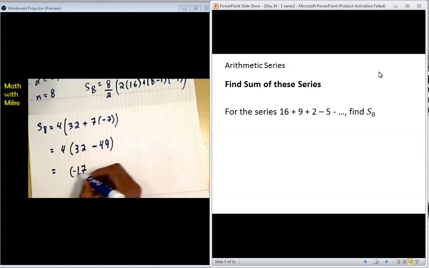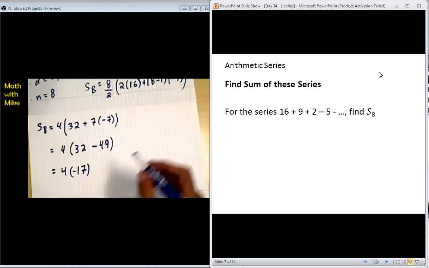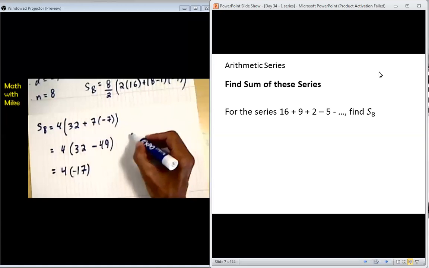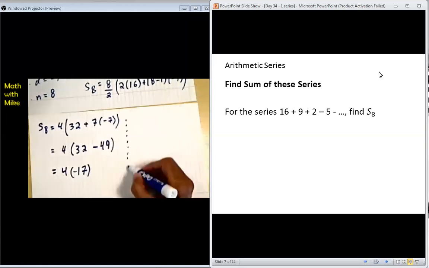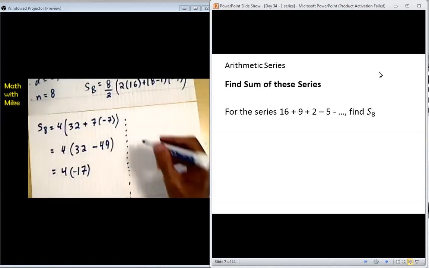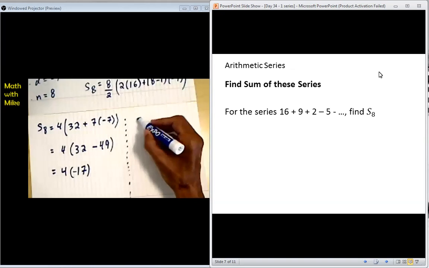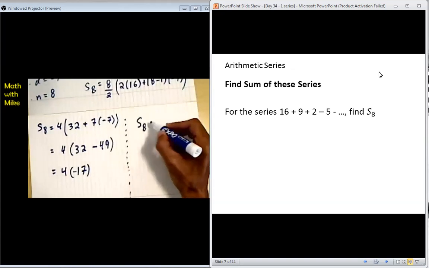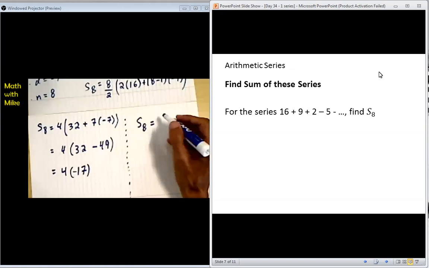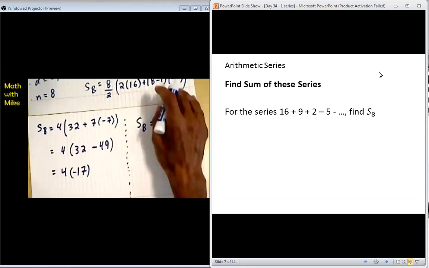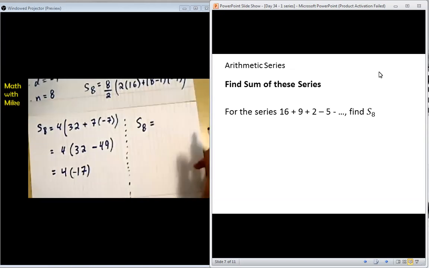Okay. You got that part, I think. 4 is still there, though. Whew. Yeah, exactly. 4 times 17. Now, what is it? 48. In between. 68. And minus. Yeah.